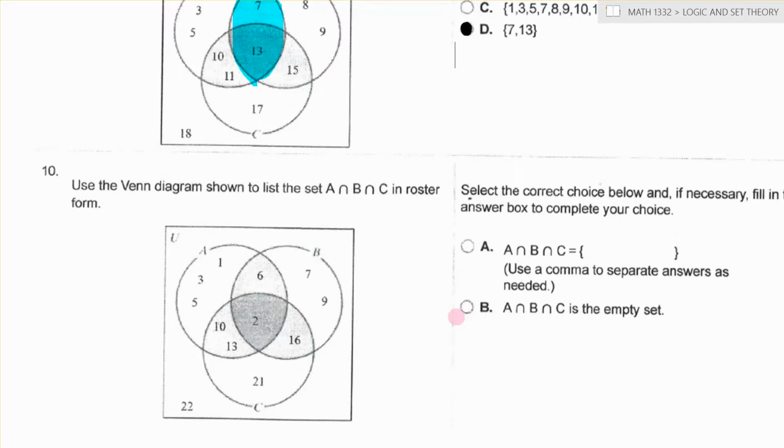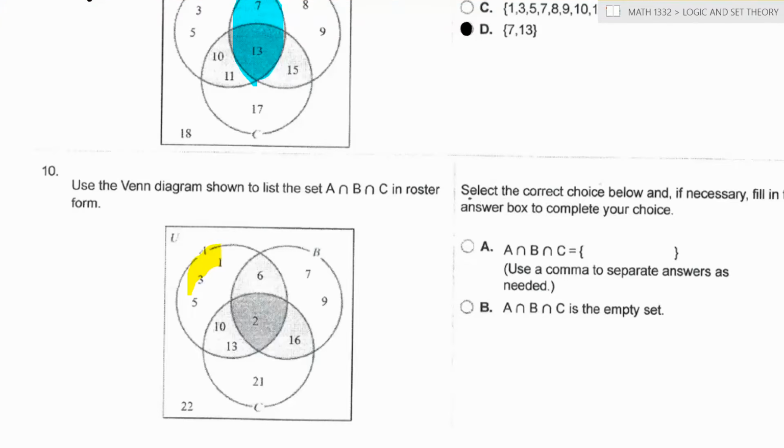All right. Now, what I'm finding are any elements that are in A, B, and C. Well, we can do it with color. In fact, I guess we will. All right.